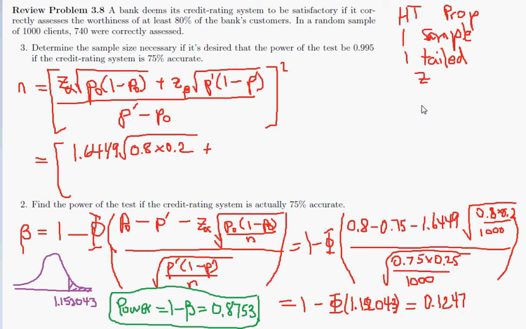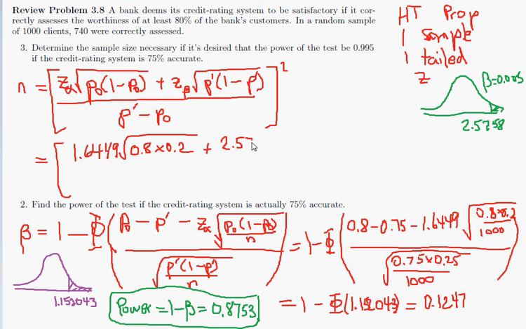Z beta, we need to find the power to be 0.995, which means that beta would be equal to 0.005, because the power is 1 minus beta. So we need the 99.5 percentile for the bell curve, and that works out to be 2.5758.